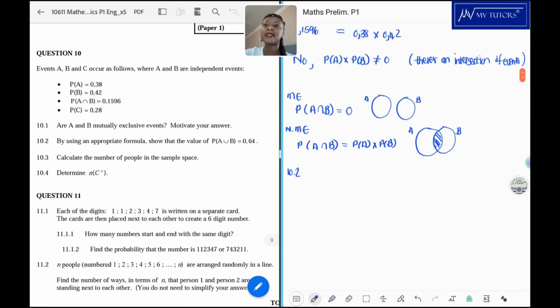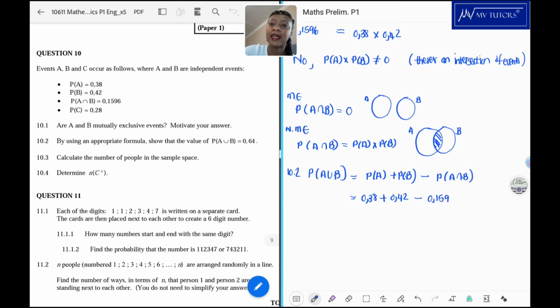Now that we know that the events A and B are not mutually exclusive, whenever we use this formula, probability of A or B, we take the probability of A and add it to the probability of B, and then we subtract the intersection, so minus probability of A and B. The probability of A is 0.38, the probability of B is 0.42, and then minus the intersection, which is 0.1596.